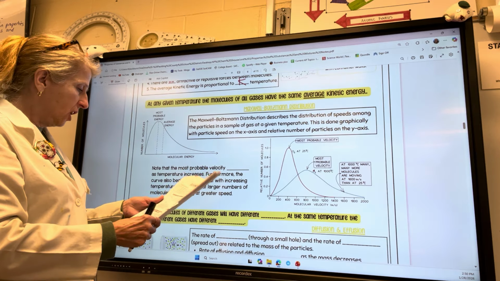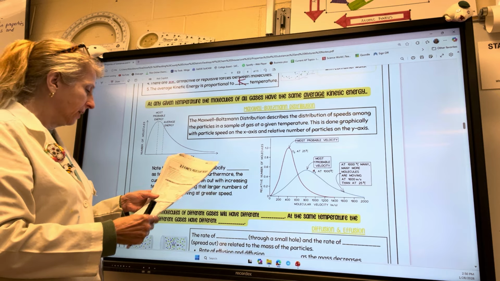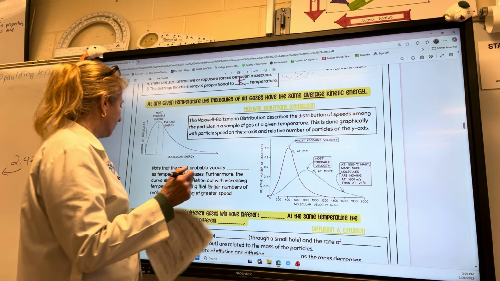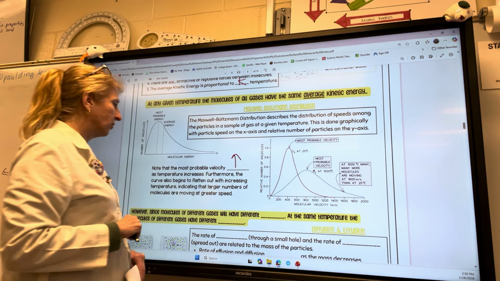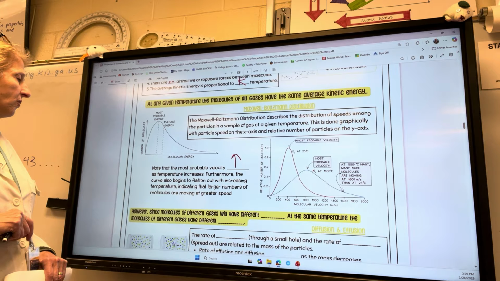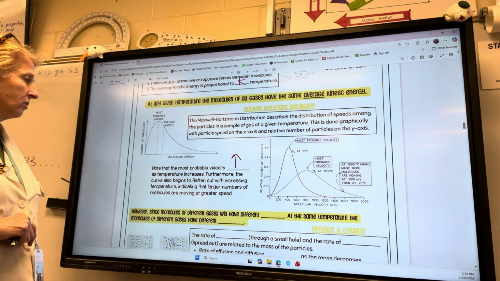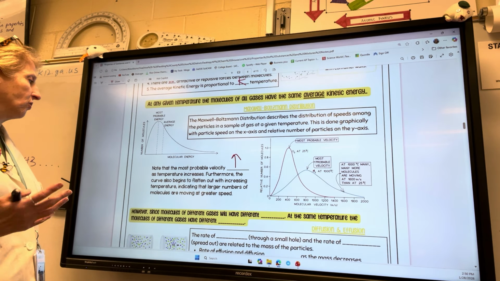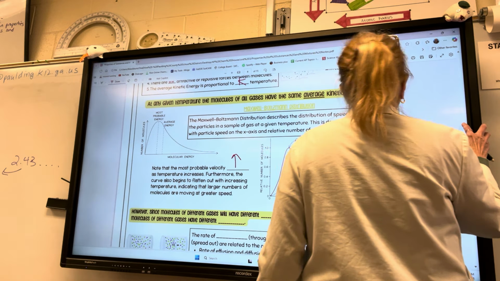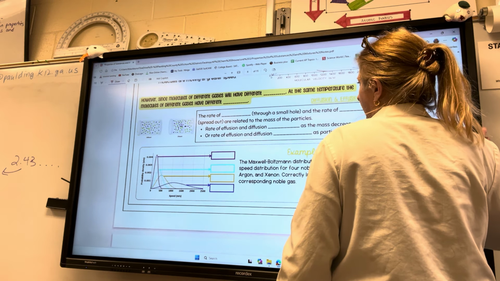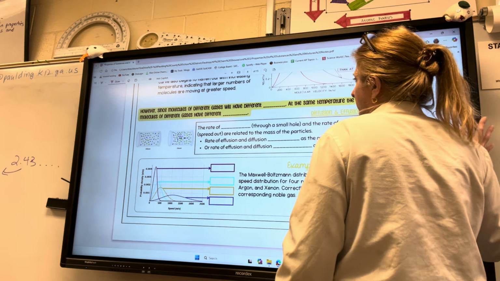Note that the most probable velocity increases as temperature increases. Also, the curve begins to flatten out, indicating a larger number of molecules are moving at a greater speed. So they like that one. That's a good AP question.